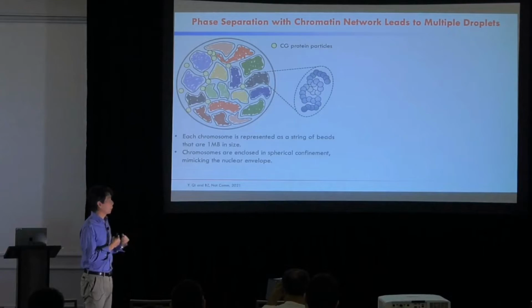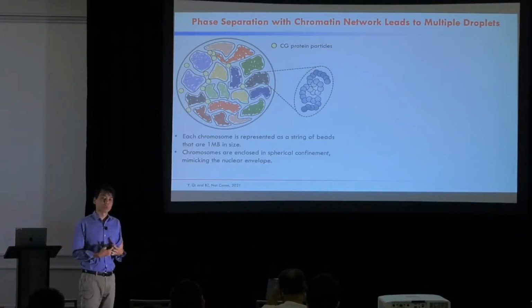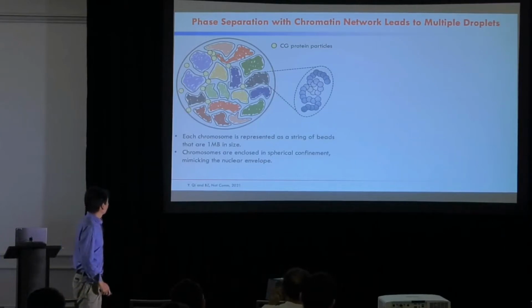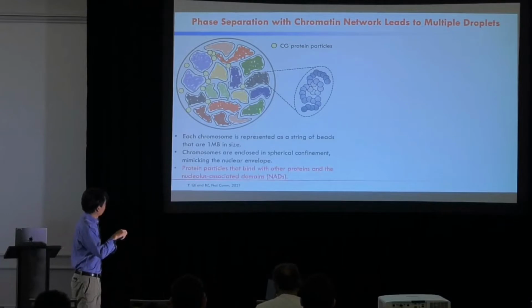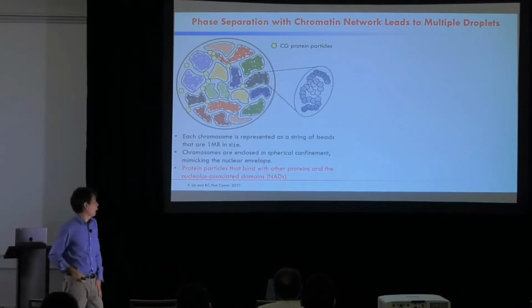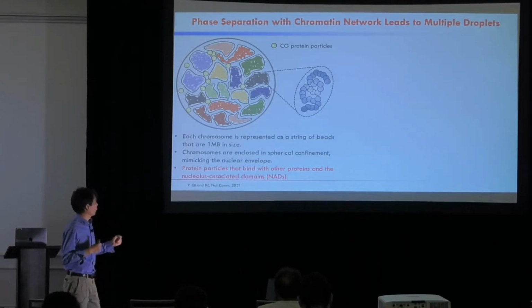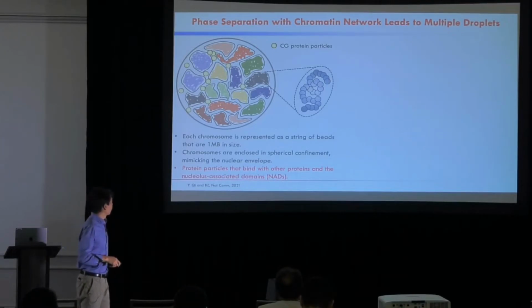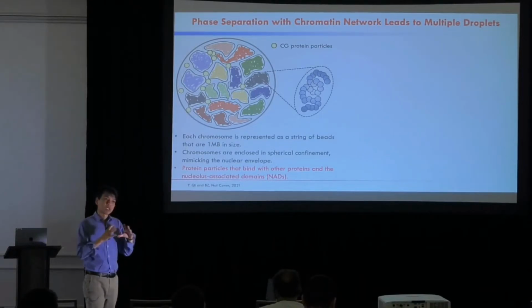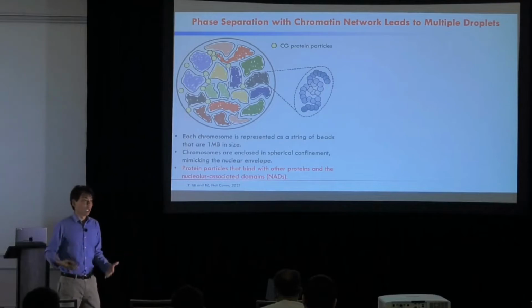We chose those parameters to model the nucleolar proteins that drive the formation of nucleoli. We also introduced a specific interaction between those proteins and the specific regions of chromatin that are known to bind the nucleoli. And then we introduced a specific interaction among those proteins to drive their phase separation.